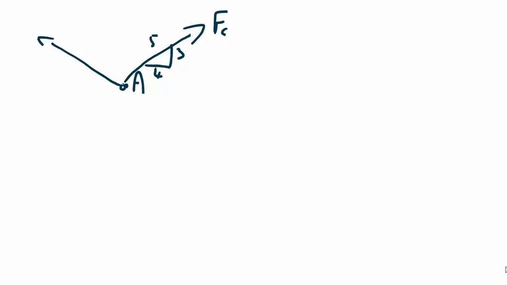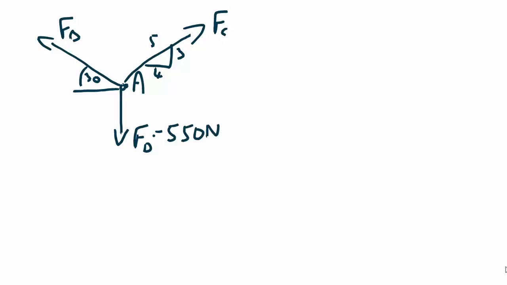We've got a force B, which is at 30 degrees to the horizontal. And then we've got a weight acting downwards, and we know that's equal to 550 newtons. So that's our free body diagram for this question.